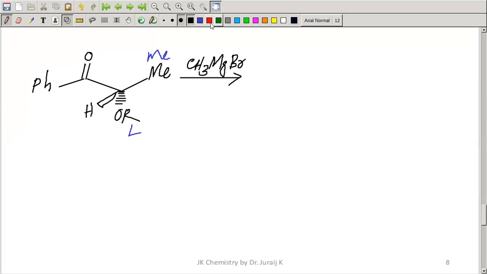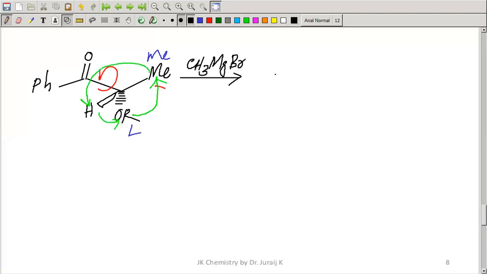You want to rotate in the anti-clockwise direction. So in that situation, what will happen? OR moves to this side, Me moves to this side, and H moves to this side, right?